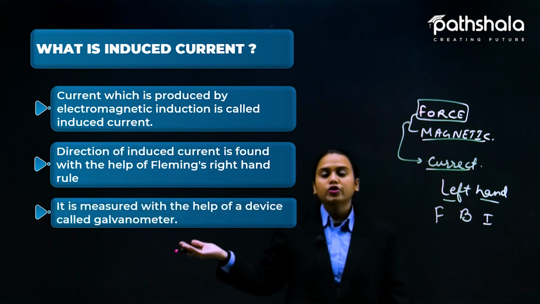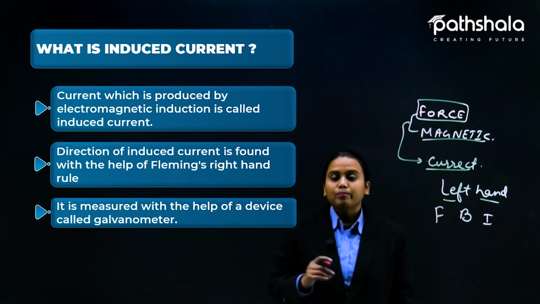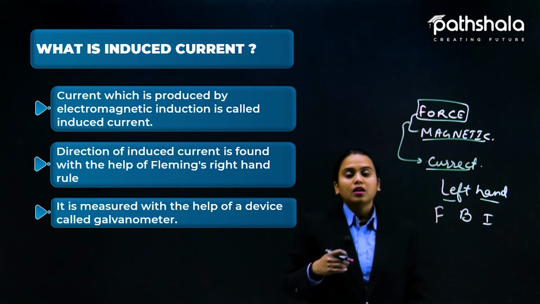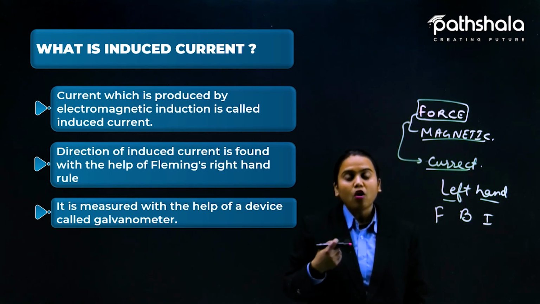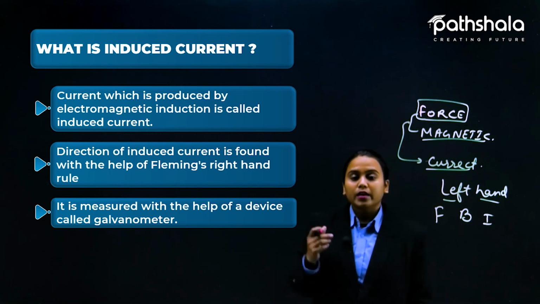Now it is measured with a device known as a galvanometer. Earlier, the galvanometer was taken as just a sign of the current. It is just an indicator that current is produced here.